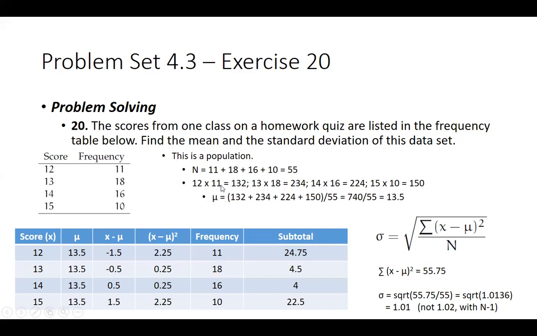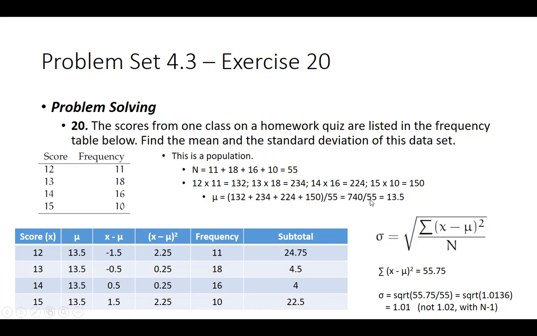So 12 times 11 is 132. 13 times 18 is 234. 14 times 16 is 224. 15 times 10 is 150. Add those together. 132 plus 234 plus 224 plus 150 gives us 740.